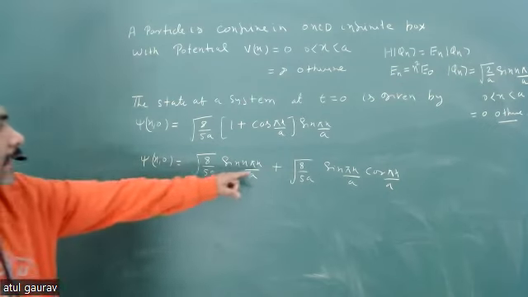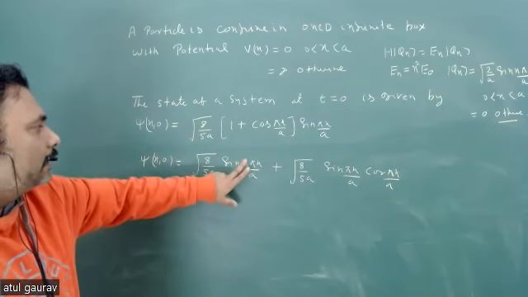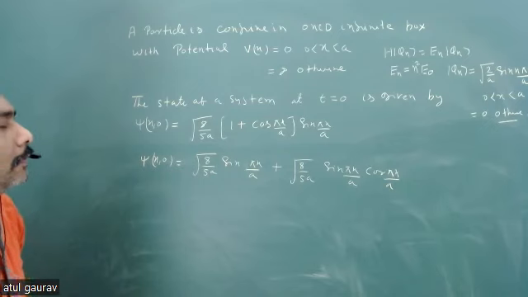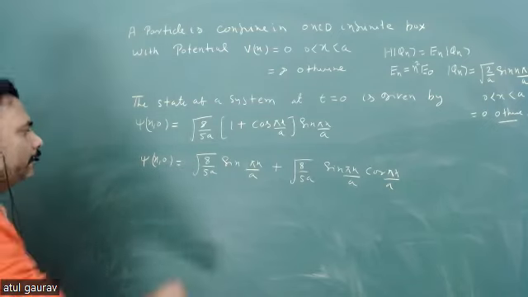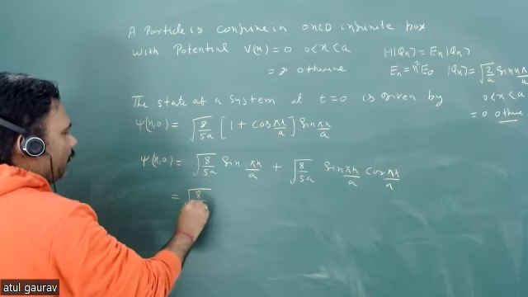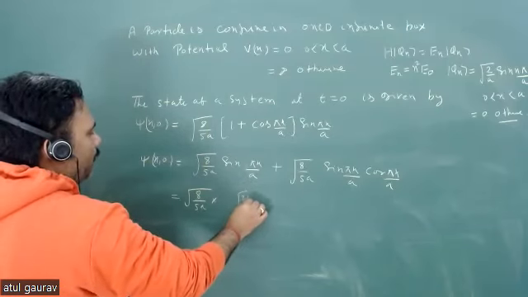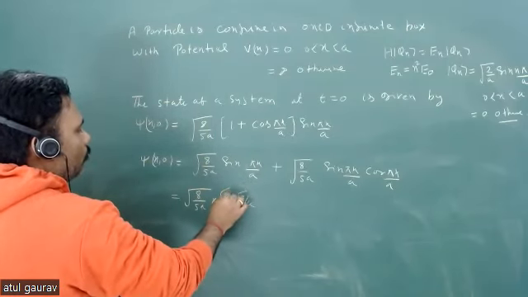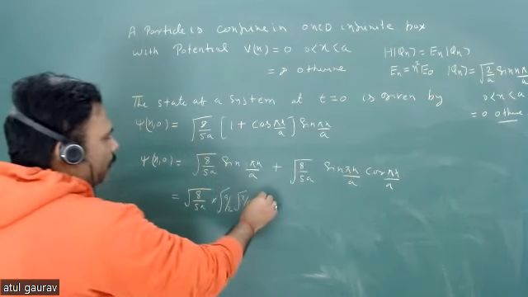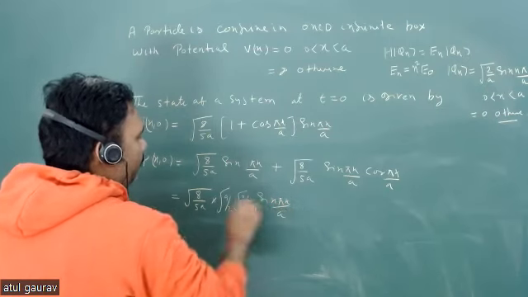Can I write sine pi x by a in terms of phi 1? Yes, sir. We just multiply by root 2 by a and divide by root a by 2, and this value is equal to sine pi x upon a.